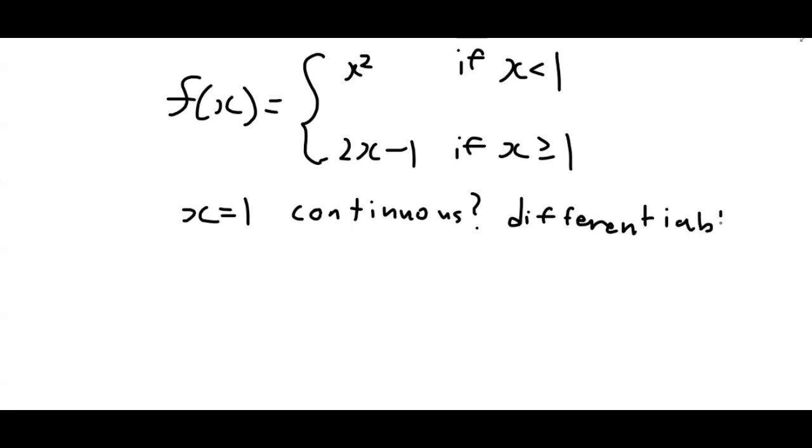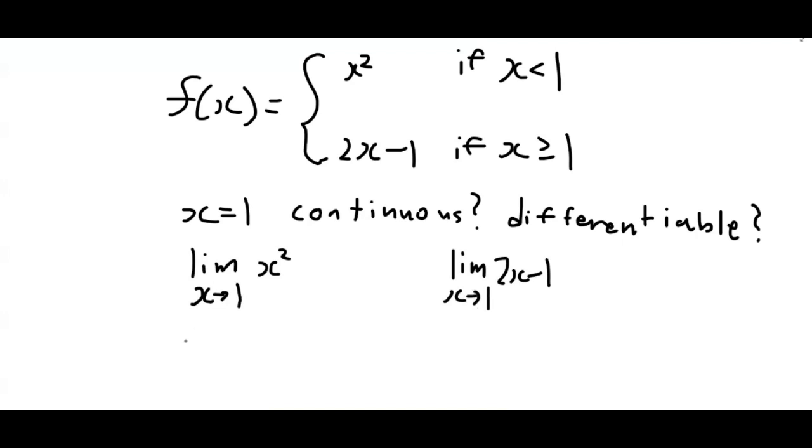Well, first of all, we can check the continuity by simply assigning the limit. So let's say we have limit of x going to 1 of x squared and limit of 2x minus 1, x goes to 1.